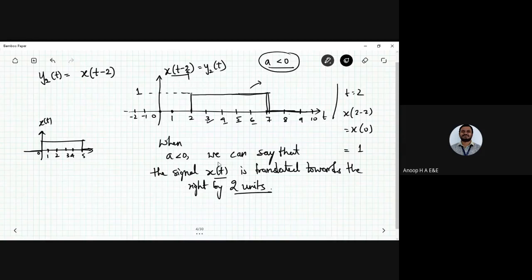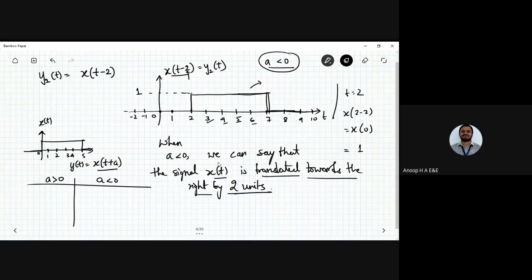That is what we mean by the signal x of t being translated towards the right by 2 units. So for y of t equal to x of t plus a, there are two ways in which you can express the signal: when a is greater than 0, and when a is less than 0.